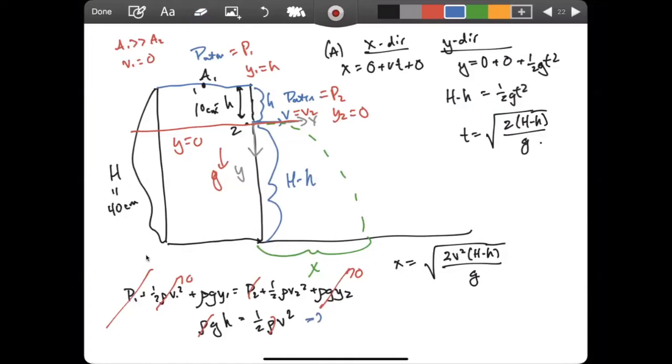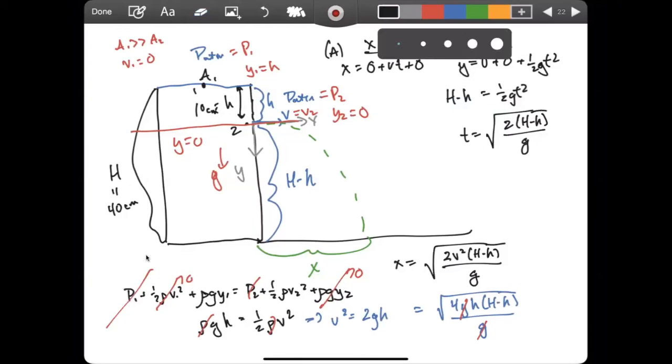So v squared is going to be 2 times g times h. Let's plug that in here. So x is now equal to the square root of 4 times g times h times (H minus h), all divided by g, which means my g's are going to cancel.